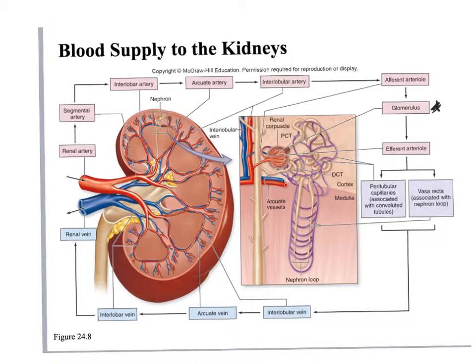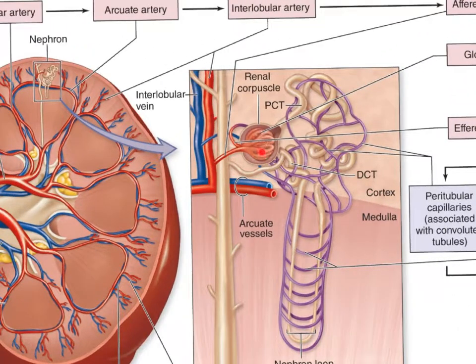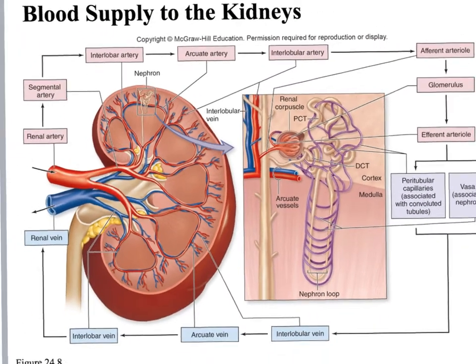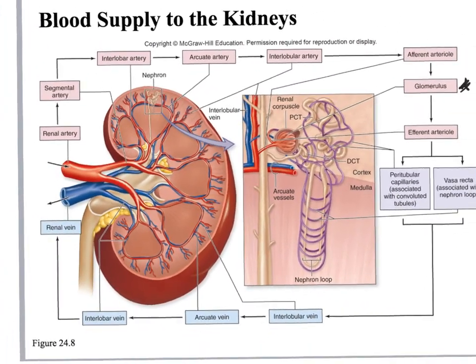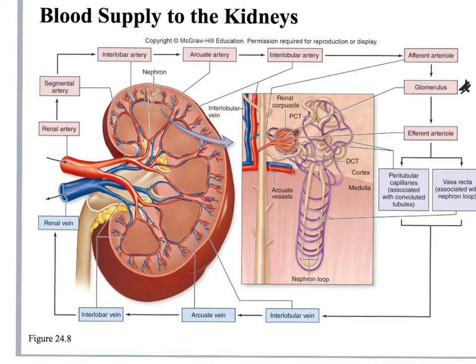Okay? The glomerulus is a ball, a knot. So you can see it right here. It's a knot of capillaries. These capillaries are fenestrated. What does fenestrated capillaries, what do they do? What does that mean?